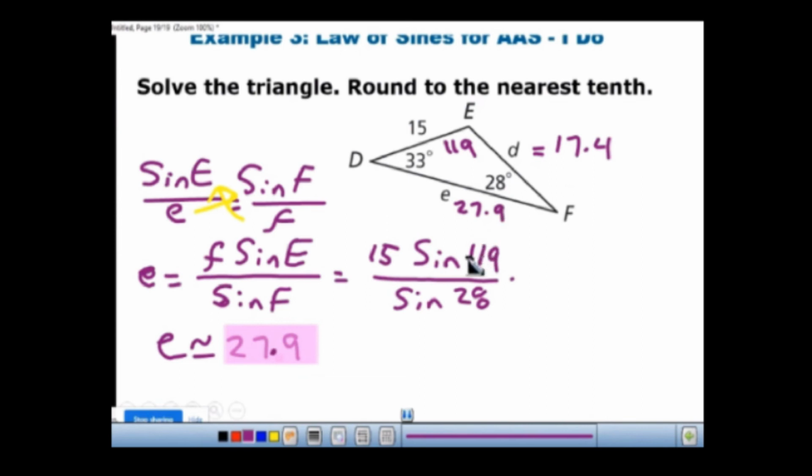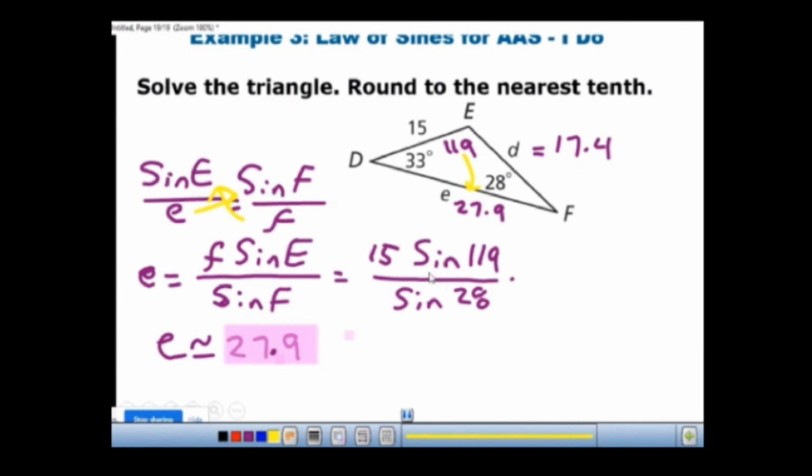If 28 opens up to 15, then the 33 is going to open up to a little bit more, which is 17. That makes sense, right? And finally, the 119 has to open up to a really larger side, right? Not like 15, not like 17, because it's 119. It will open up to a longer side, which is in this case 27.